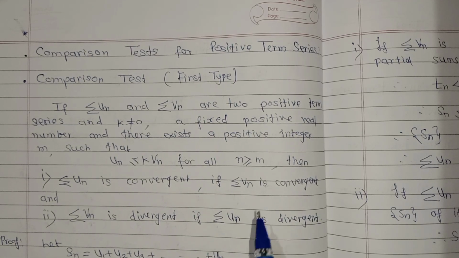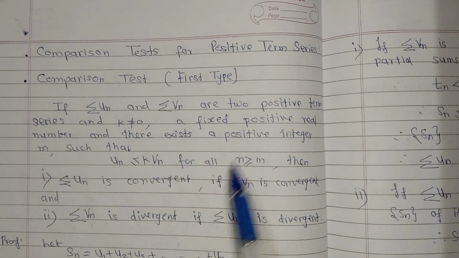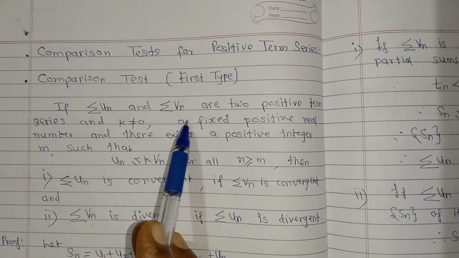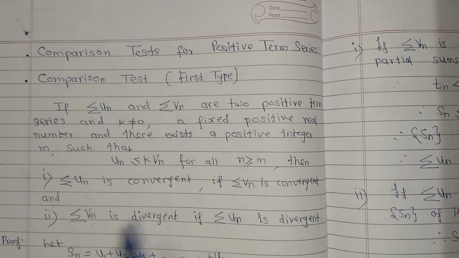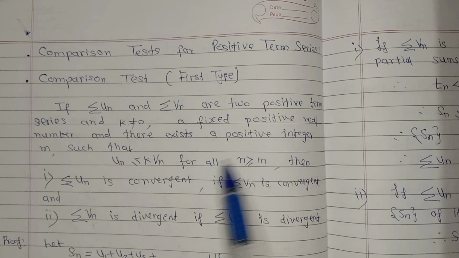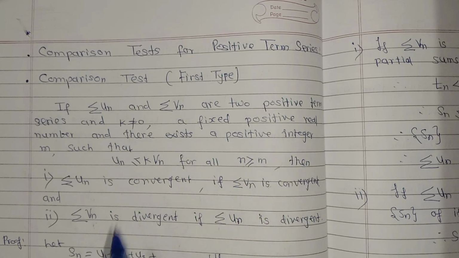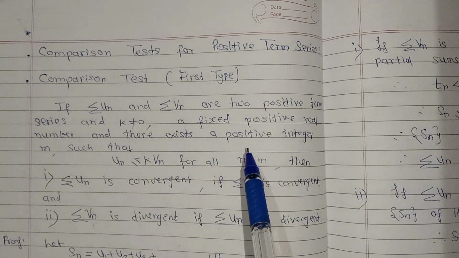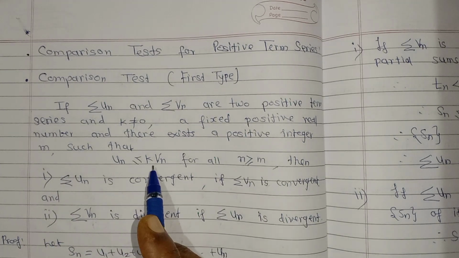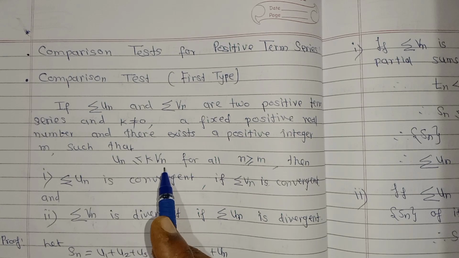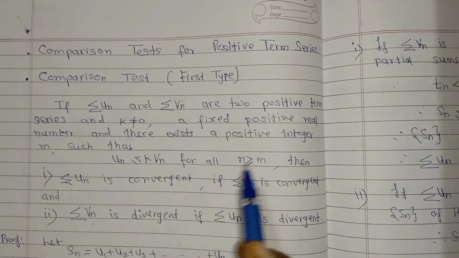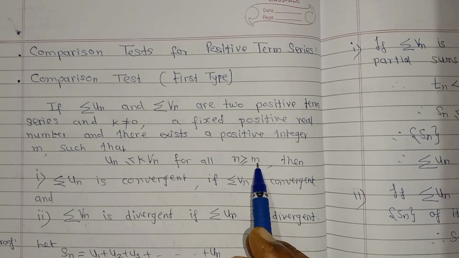That means here in this comparison test, summation of un and summation of vn are two positive term series. Here k is not equal to 0, a positive real number. Then there exists a positive integer m such that un is less than or equal to k into vn for all n greater than or equal to m.